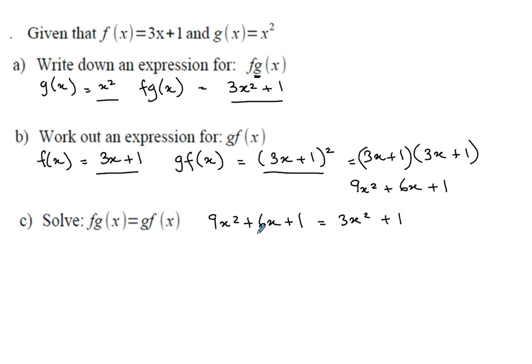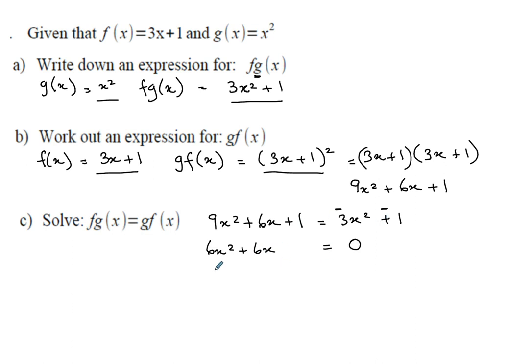It's a quadratic equation, so we know this side will be 0 because our biggest x squared is on that side. So we're going to remove these, so we do the opposite, so minus 3x squared minus 1. So 9x squared minus 3x squared is 6x squared plus 6x, and then 1 minus 1 disappears.